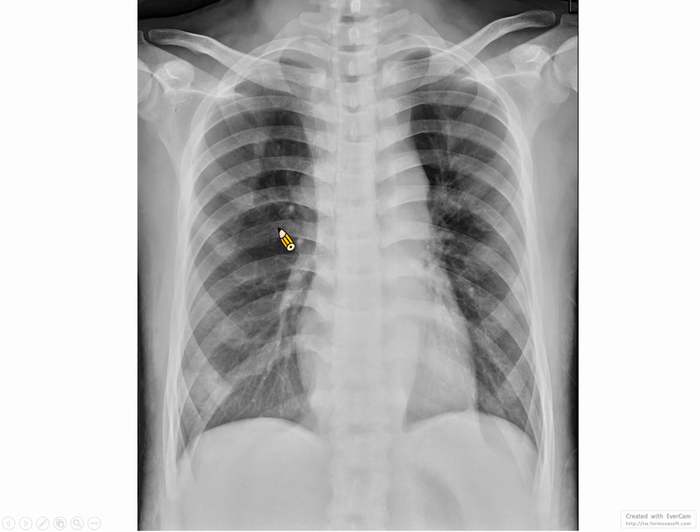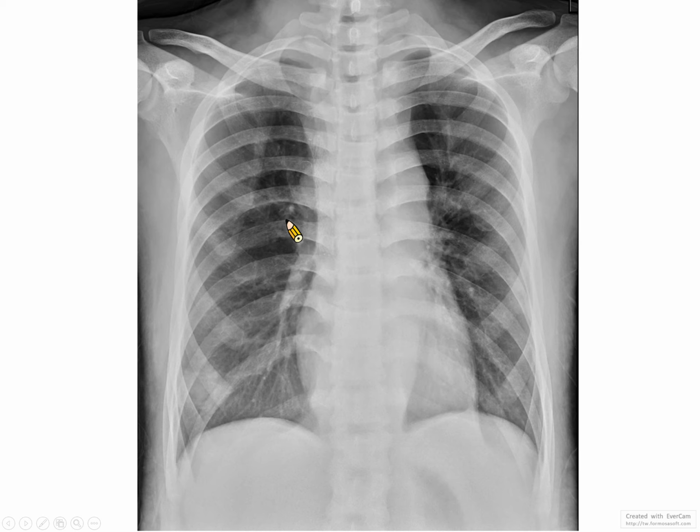I give this example to show you that although the chest X-ray is a very common imaging study in the hospital, the reading of chest X-ray is still very challenging.